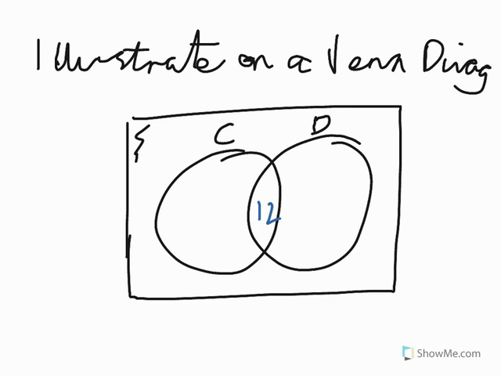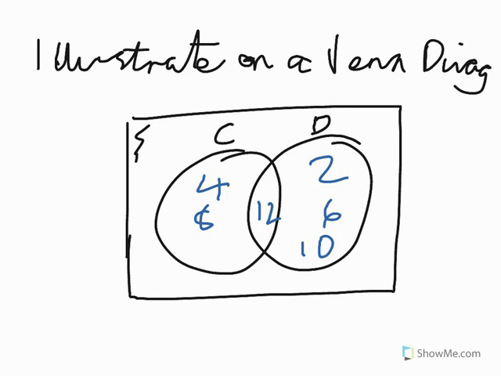The other part of circle C is the things that are only in C but not in D. So 4 and 8, I should say, are in there, not 12. And in set D we've got 2, 6 and 10.